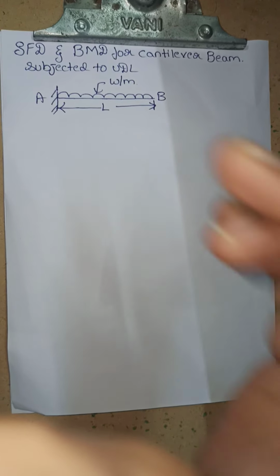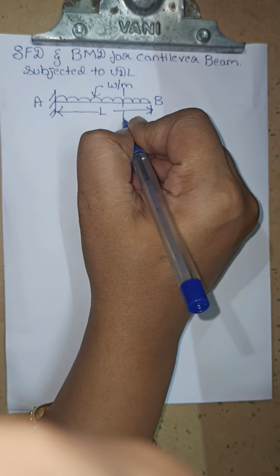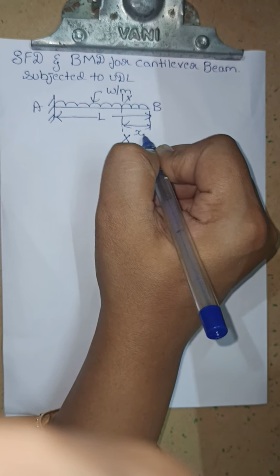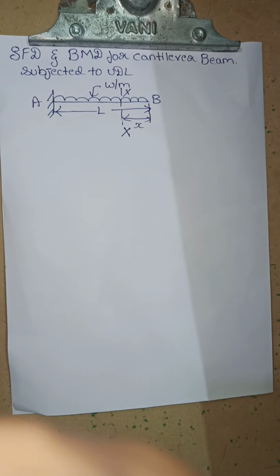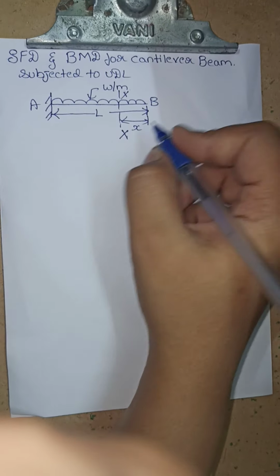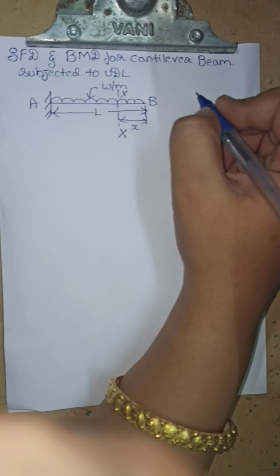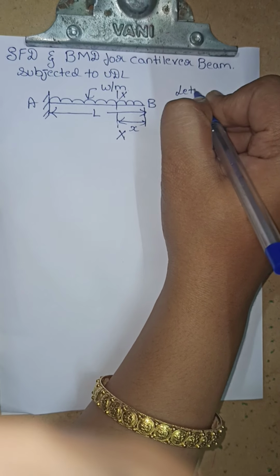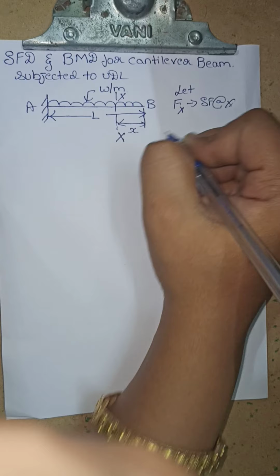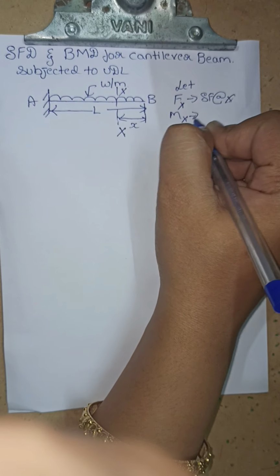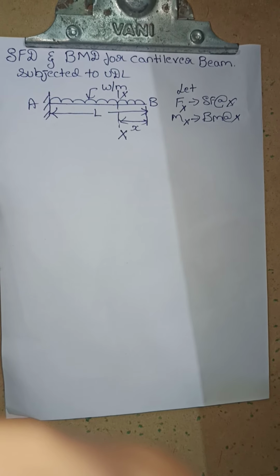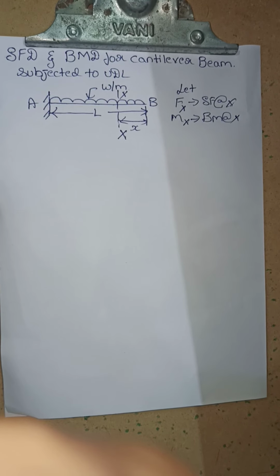So I have taken a section here, which is the XX section, at a distance of small x from the free end, that is from B. Now if I want to find out the shear force and bending moment, let Fx be the shear force at x and Mx be the bending moment at x.